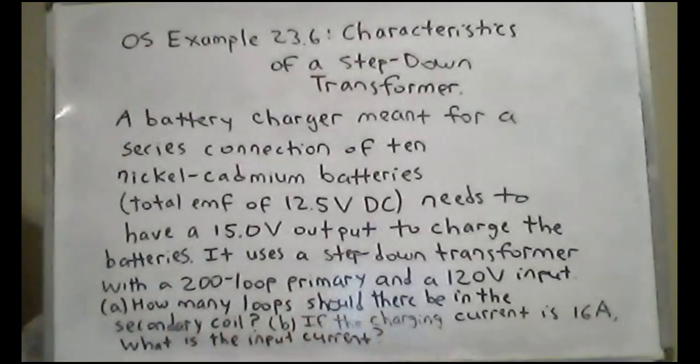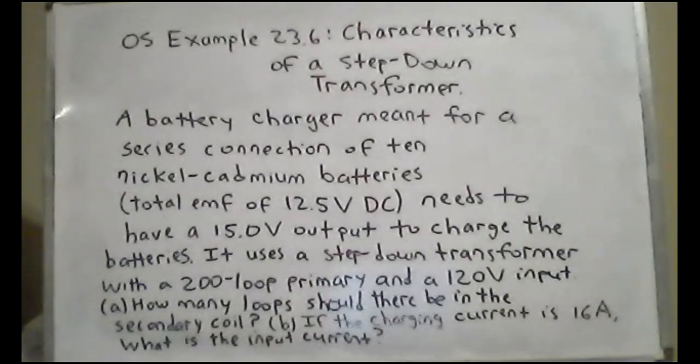Okay, so a battery charger meant for a series connection of 10 nickel cadmium batteries, total EMF of 12.5 volts DC, needs to have a 15.0 volt output to charge the batteries. Use a step-down transformer with a 200 loop primary and a 120 volt input, pretty much all to the wall.